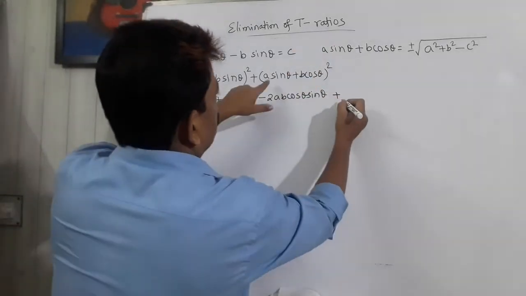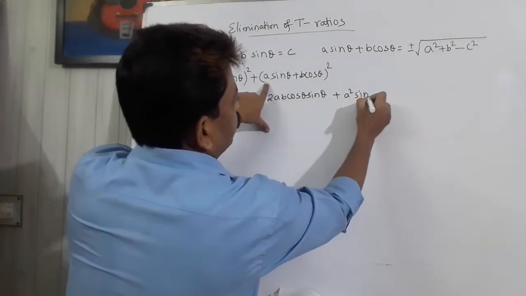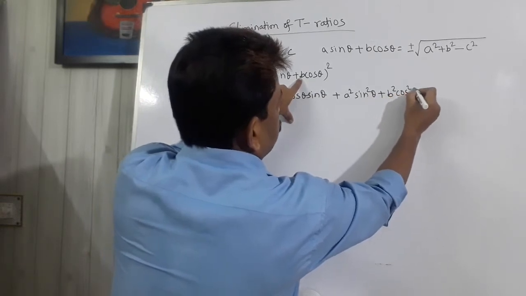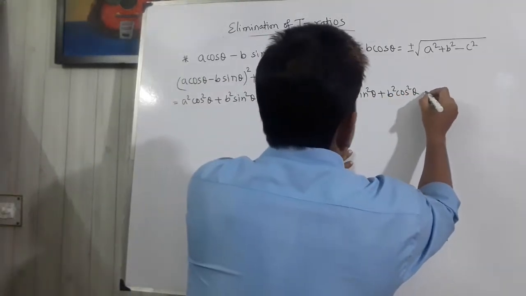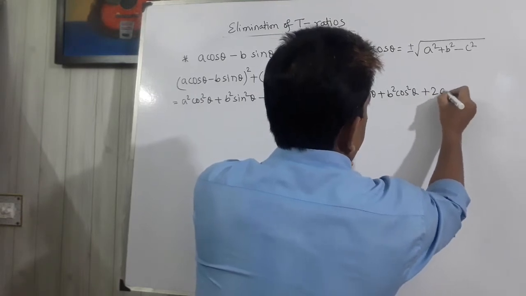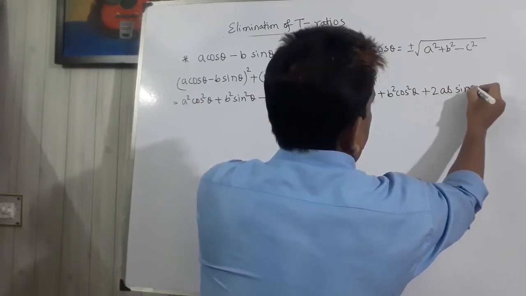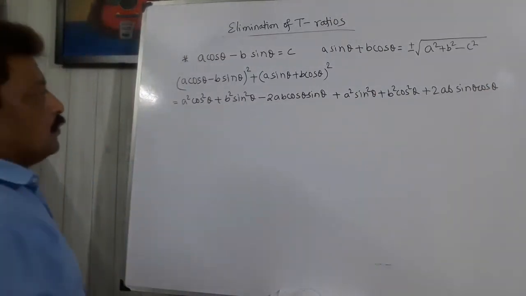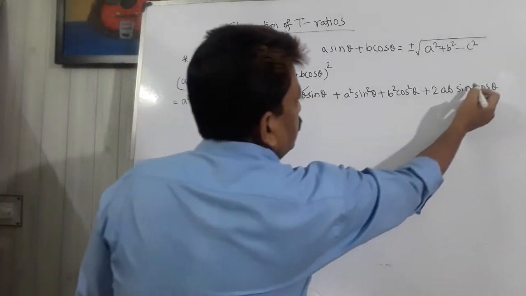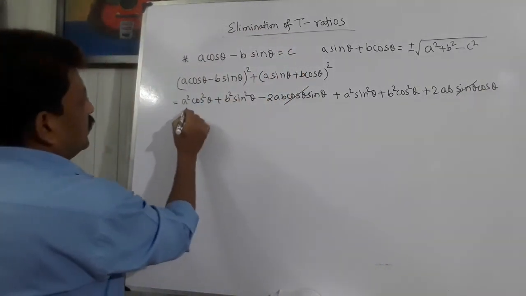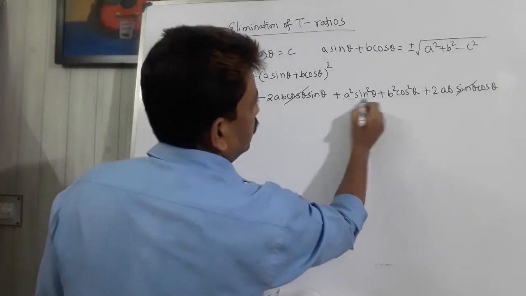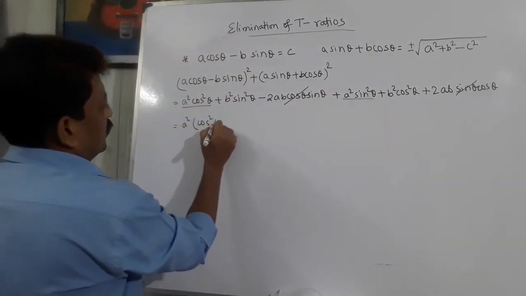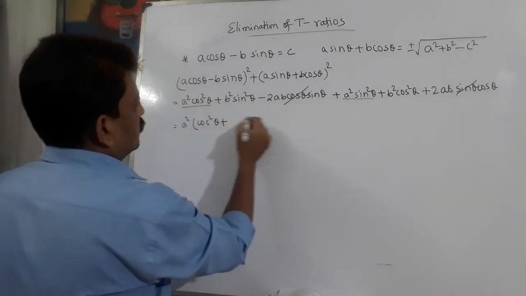So A square sin square theta plus B square cos square theta, and plus 2AB sin theta cos theta. Here this 2AB sin theta cos theta is cancelled. So we are getting A square cos square theta plus A square sin square theta.